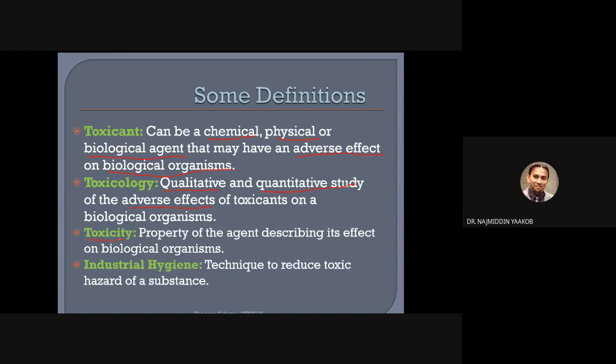Toxicity is a property of the agent describing the effect: how high the toxicity is, how low the toxicity is. And lastly, industrial hygiene is a technique to reduce the toxic hazard of a substance. So these are the terminologies; you need to understand the differences between these four.